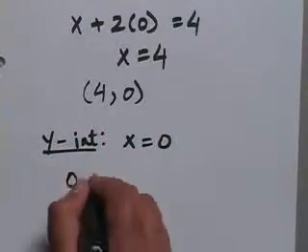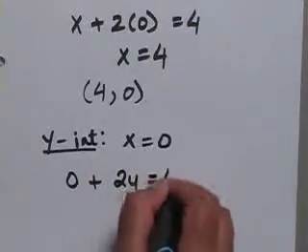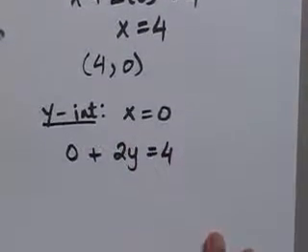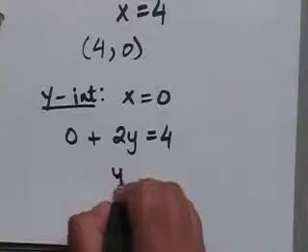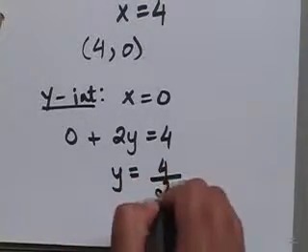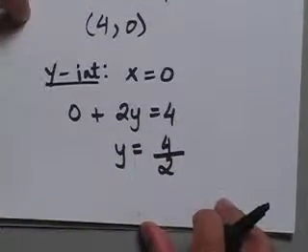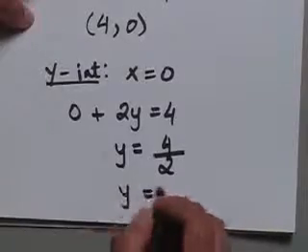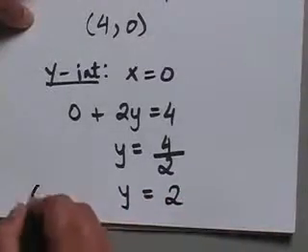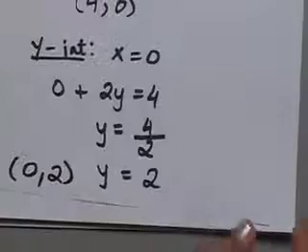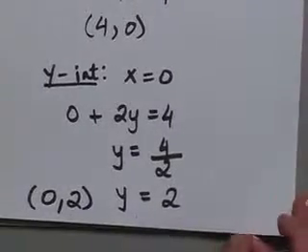And this time we end up with y equals 2, and your second ordered pair will be 0, 2.